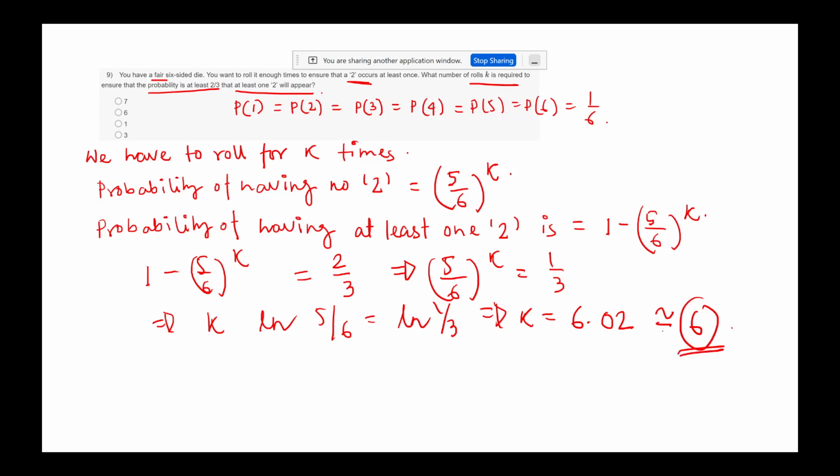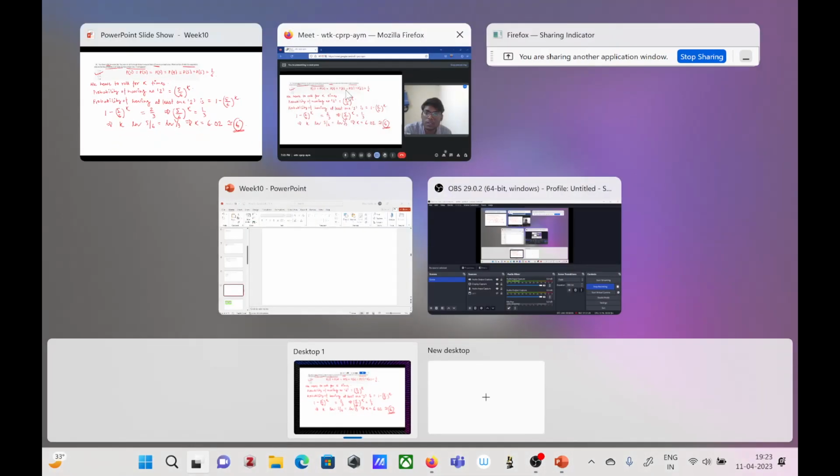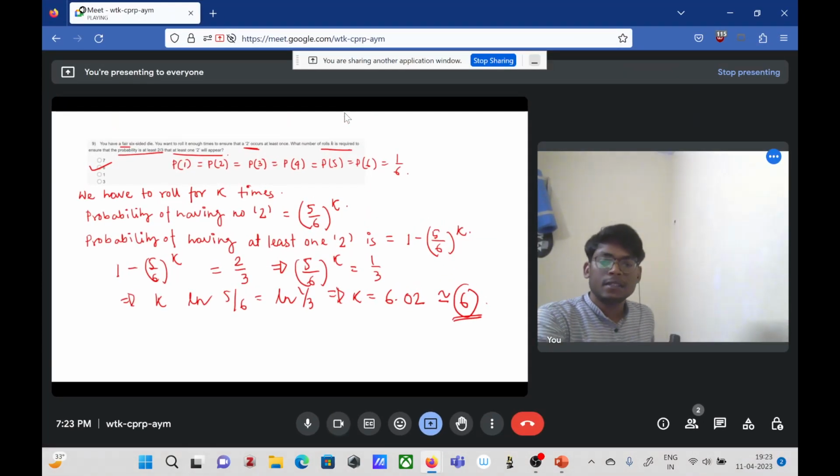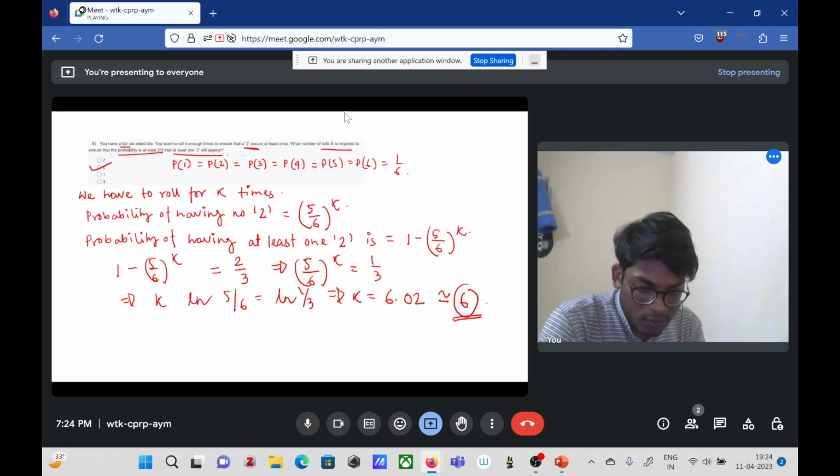Okay, simple problem. So we have to roll at least 6 times to get at least one 2, and the probability of that is 2 by 3. So that is easy, right? It is very simple, right? So we will go to the next problem then.